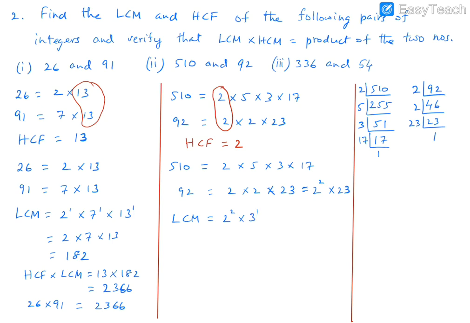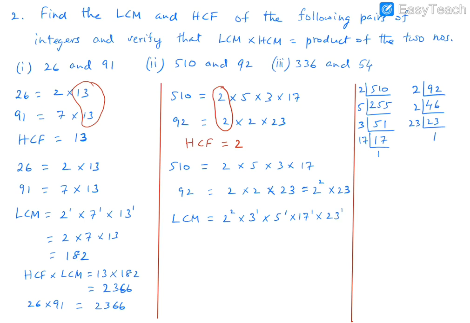So we'll put 3 power 1. The next prime factor that is present is 5, and the highest power of 5 is 5 power 1. And then we have 17, so into 17 power 1, and then we have 23, so that's 23 power 1.